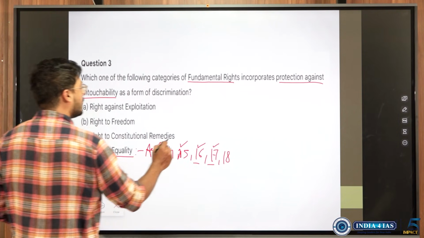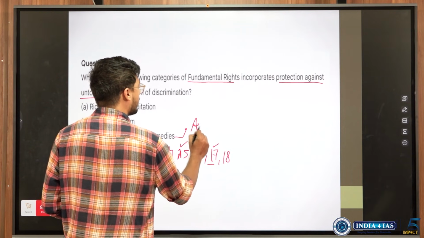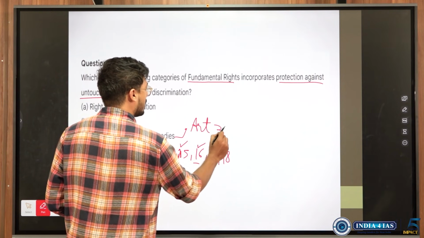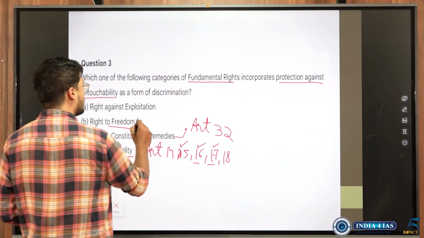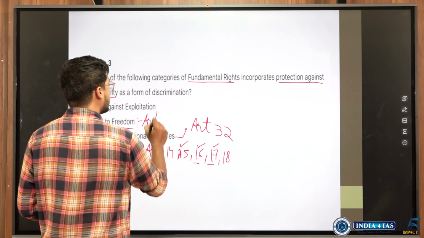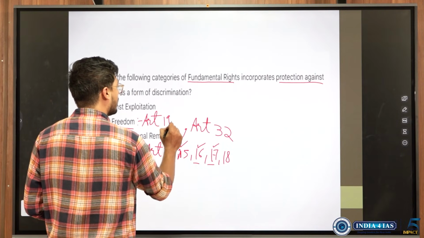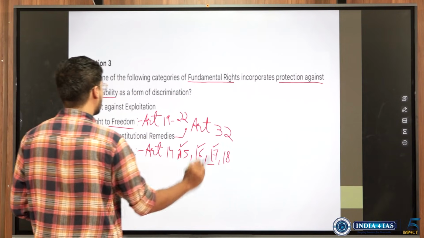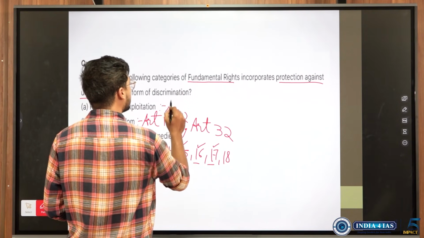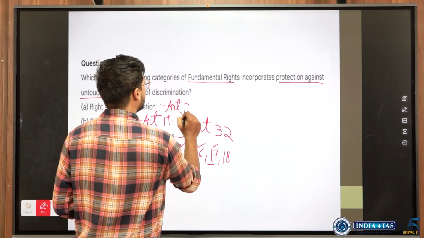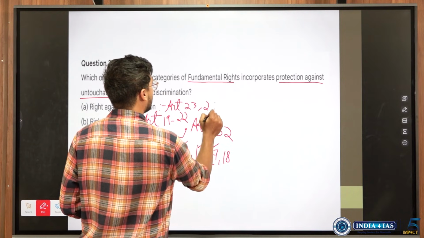Right to constitutional remedies comes under Article 32. Right to freedom is Articles 19 to 22. Right against exploitation is Articles 23 and 24.